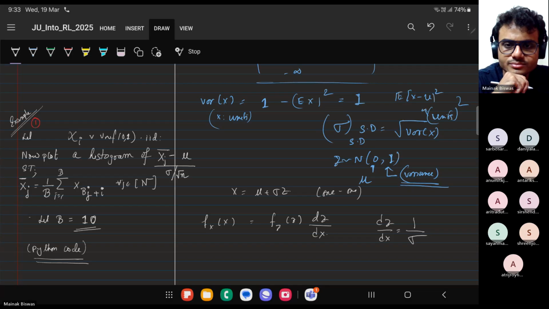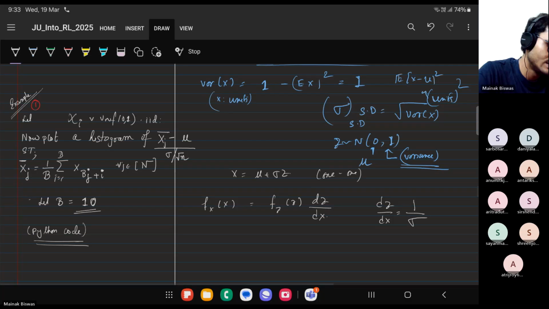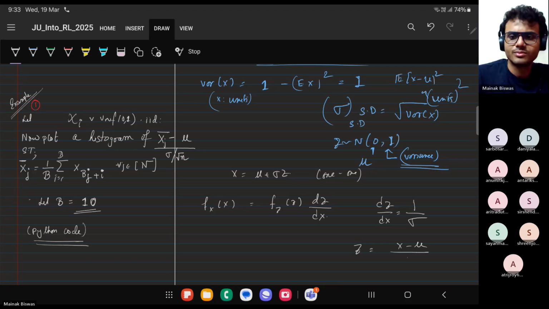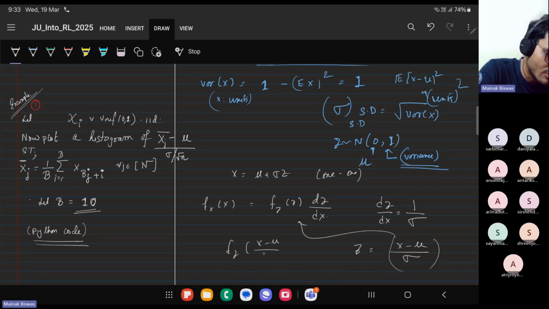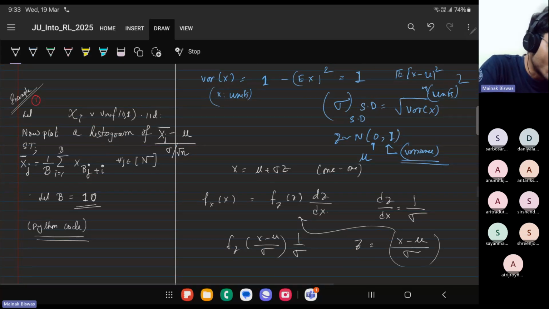Fine. So what is z? Z is x minus mu by sigma. So now I just put this value over here. So f_Z of (x minus mu by sigma) times 1 by sigma. So what is this going to be?